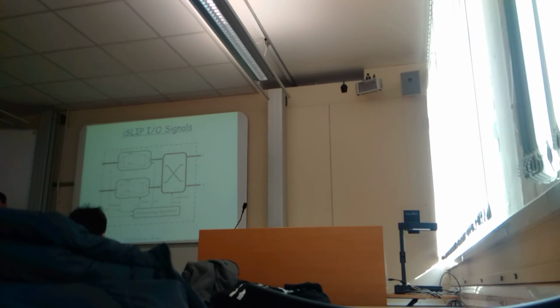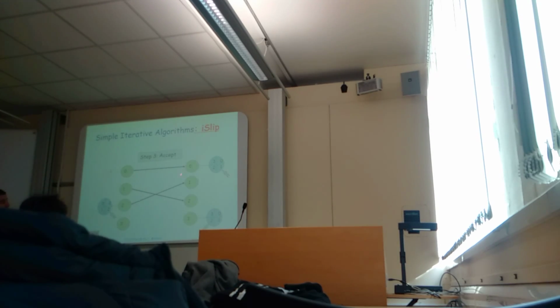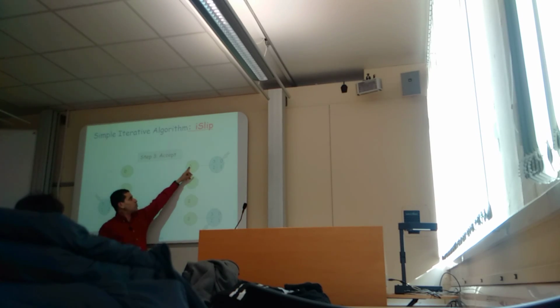For the requests, the grants are exactly the same story. When the grant sends a signal, it's log 2 n bits. It says which input I'm granting. I can encode the input by log 2 of n. Let me go back here. Say output 0 grants to input 0.